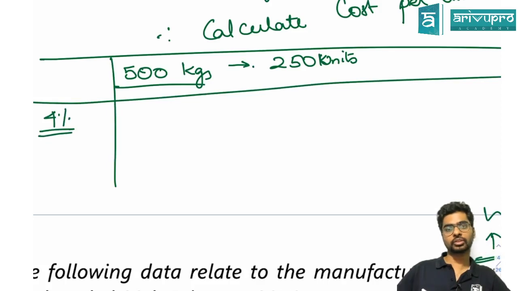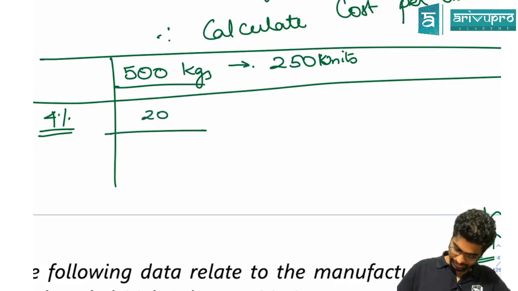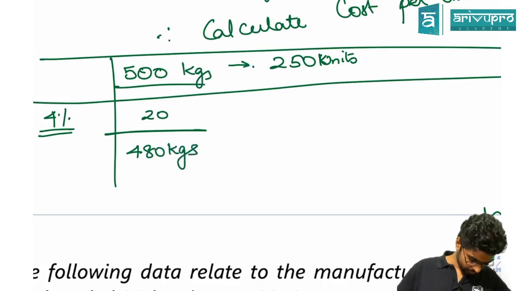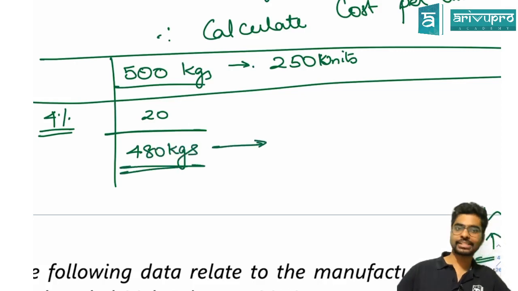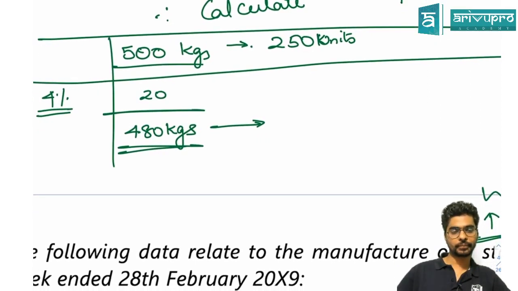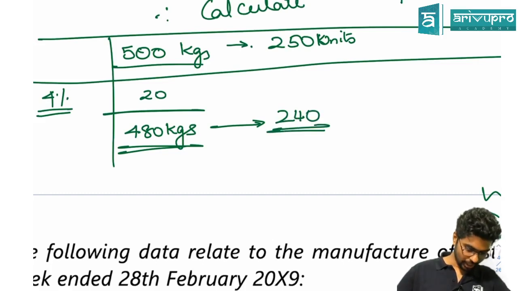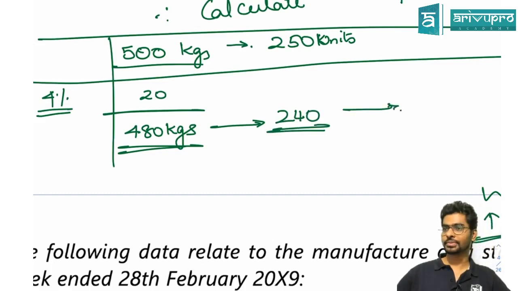What is 4% of 500 kgs? Guys, wait. What is 4%? 20. So I have 480 kgs. With 480 kgs, how many units can I produce? 240. But how many did I actually produce? 230.